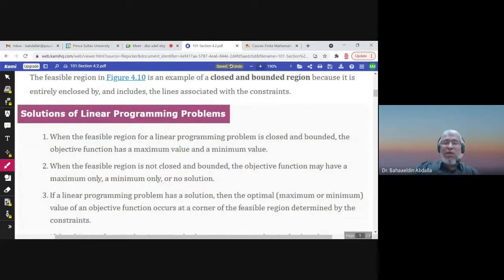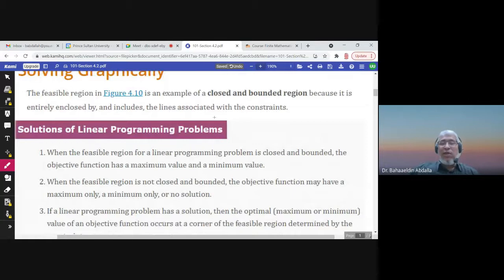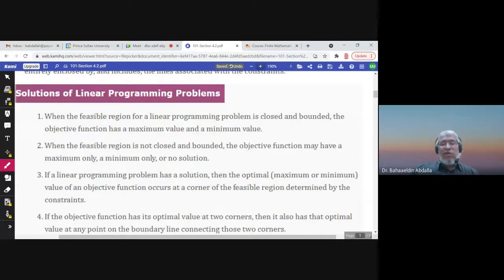Here we will deal with closed and bounded regions, and also with regions that are not closed and not bounded. If the feasible region is closed and bounded, then the objective function will have a maximum and a minimum value.